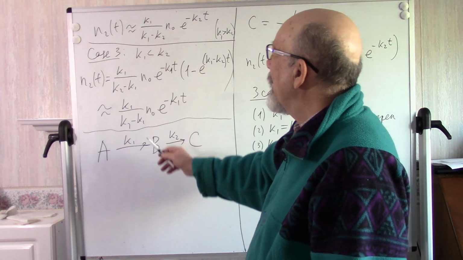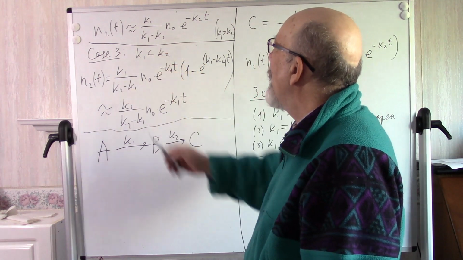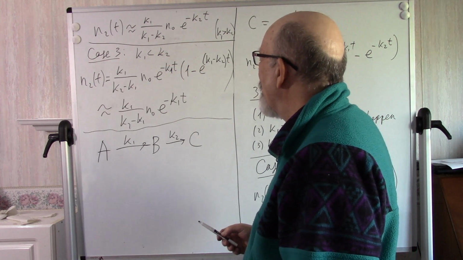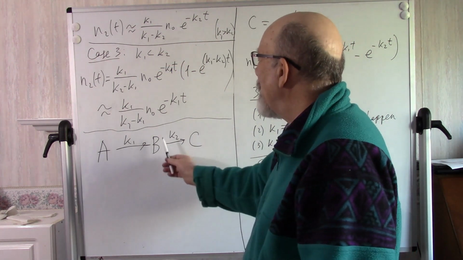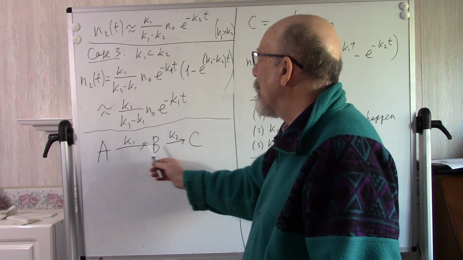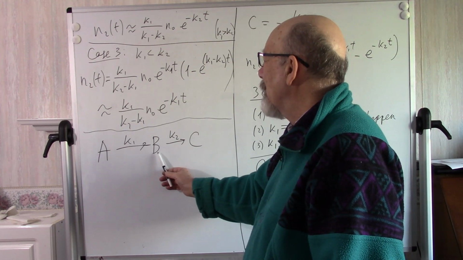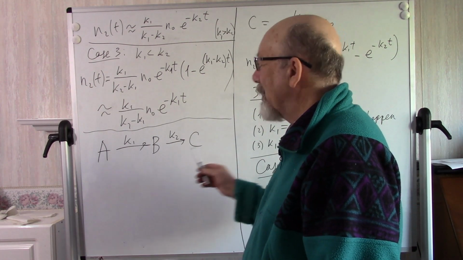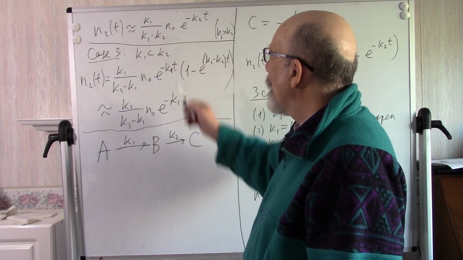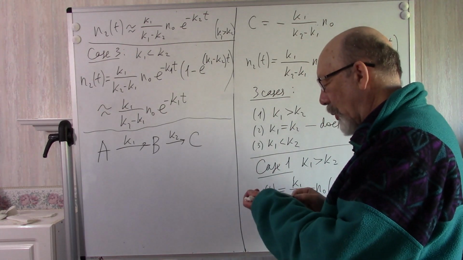In the case 1, we have the opposite situation, that B becomes almost autonomous, because almost all atoms of A very fast become atoms of B, and then B decreases slowly, when K1 is more than K2.